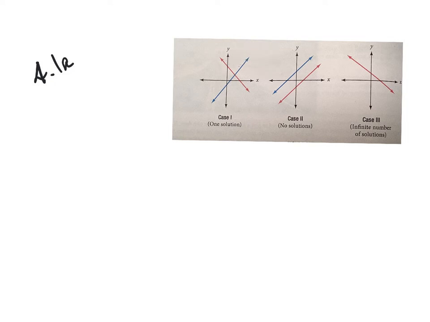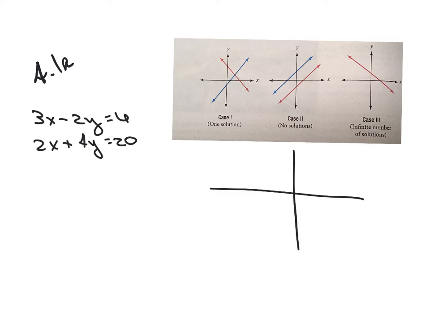So let me give you a little bit more detail on that. So if we had this equation in that equation, and let's say that the top equation is going to be a red line, and let's make it look like that.